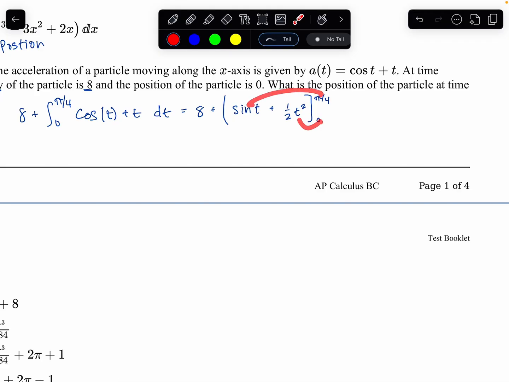Now I can already tell you that by plugging in 0, we're going to get 0. So I just have to plug in pi fourths. So we're going to get equal to 8 plus sine of pi over 4 plus 1/2 pi over 4 squared.